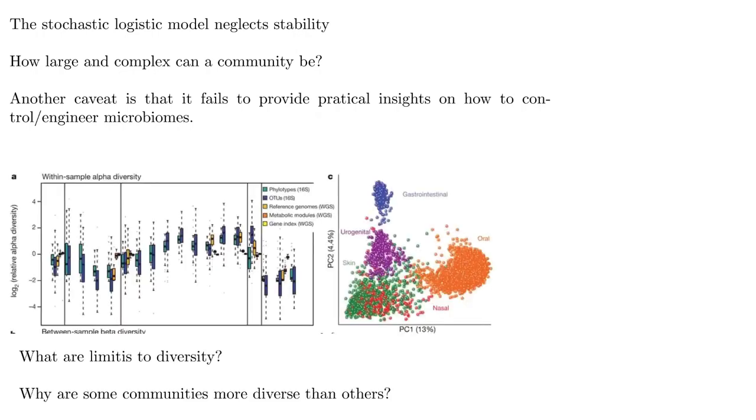And of course, then it's not a suitable model if you want to answer questions like, what are the limits to diversity? Why are some communities more diverse than others, which is obviously what we see.